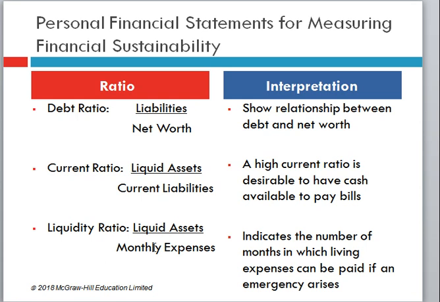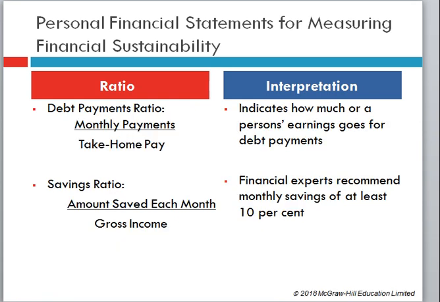Liquidity ratio is liquid assets divided by monthly expenses. So it indicates the number of months in which living expenses can be paid off if any emergency arises. Debt payment ratio is monthly payments divided by take home pay, indicates how much of a person's earning goes towards debt payment.